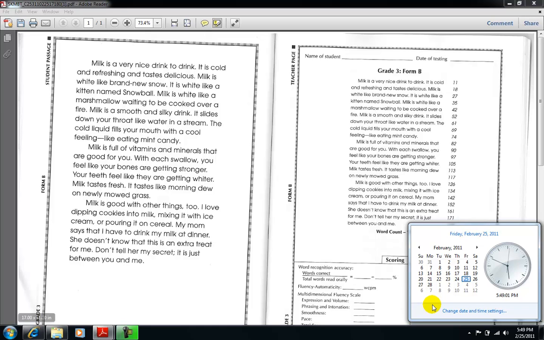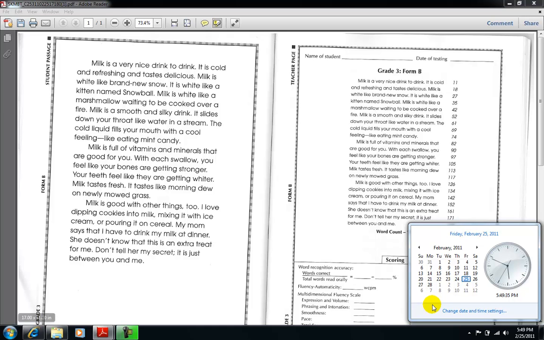Milk is a very nice drink to drink. It is cold and refreshing and tastes delicious. Milk is white like brand new snow. It is white like a kitten named Snowball. Milk is white like a marshmallow waiting to be cooked over a fire.